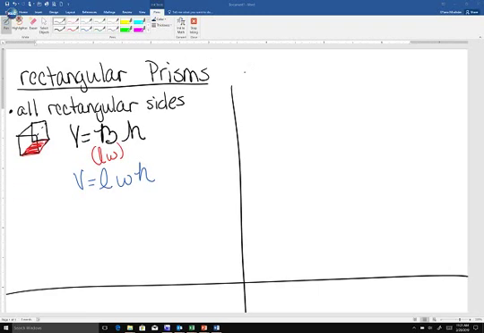In the upper right-hand side, we will have triangular prisms.